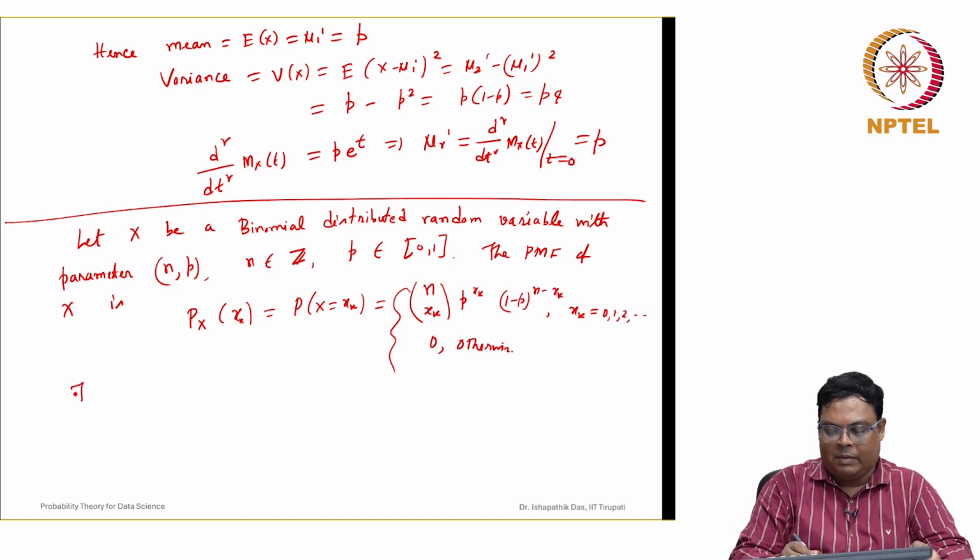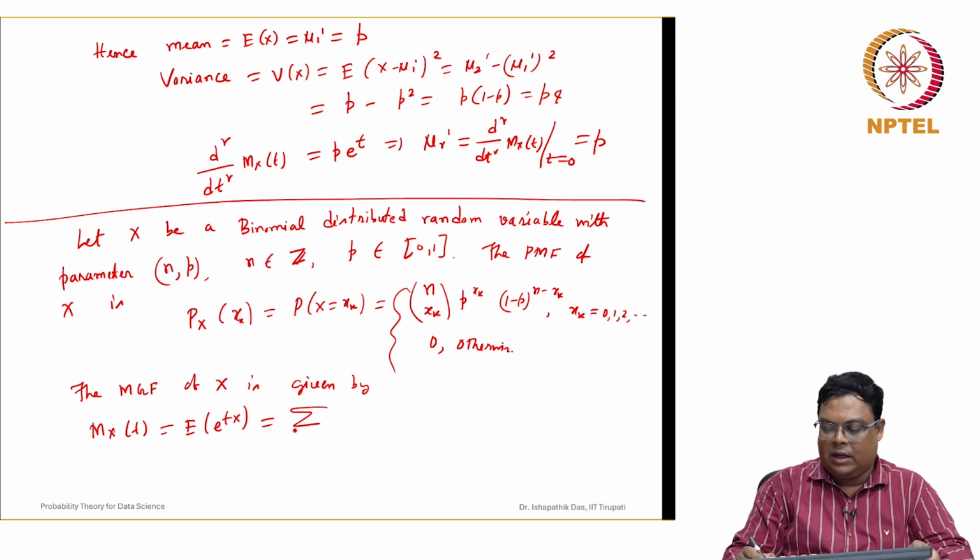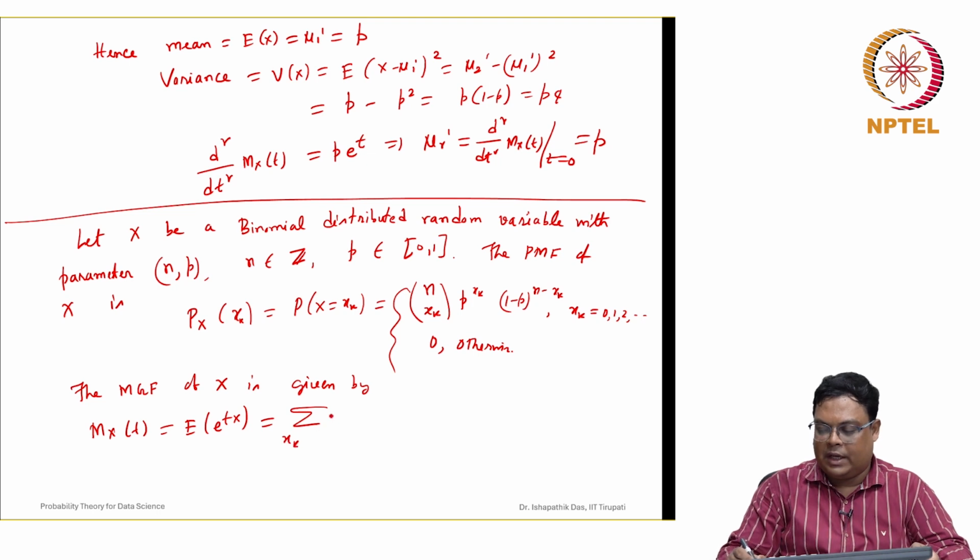Now because we know the probability mass function, we want to find the moment generating function. The moment generating function of X is given by M_X(t), the expected value of e to the power of tX. By definition, it sums over all the possible values of x_k, e to the power of t x_k times p_X(x_k). This is the definition.